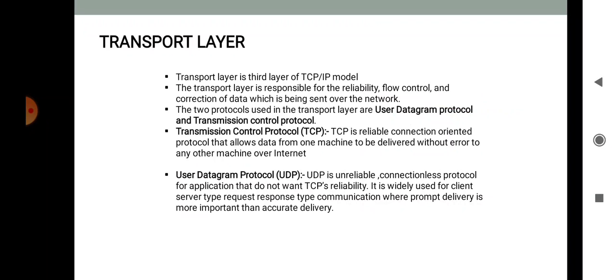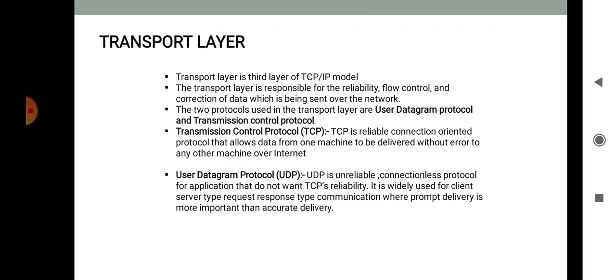Two protocols used in the transport layer are User Datagram Protocol and Transmission Control Protocol. Transmission Control Protocol, that means TCP. TCP is a reliable connection oriented protocol that allows data from one machine to be delivered without error to any other machine over the internet.